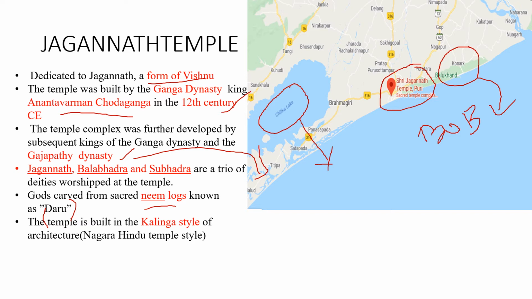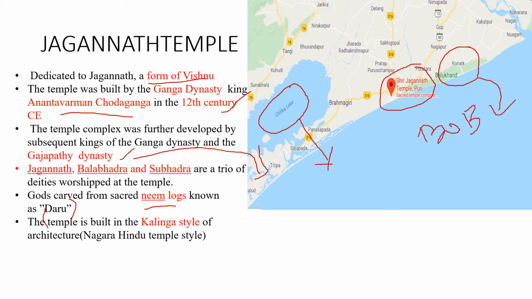This Ratha Yatra happens between the Jagannath Temple and the Gundicha Temple, which is 2 to 3 kilometers away, and the yatra lasts nearly 9 days. So the Gajapati dynasty's hierarchy takes the lead in this particular yatra.